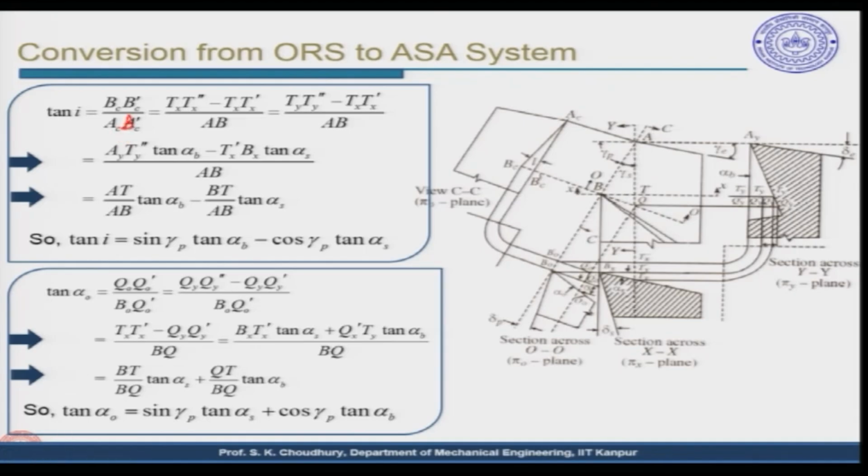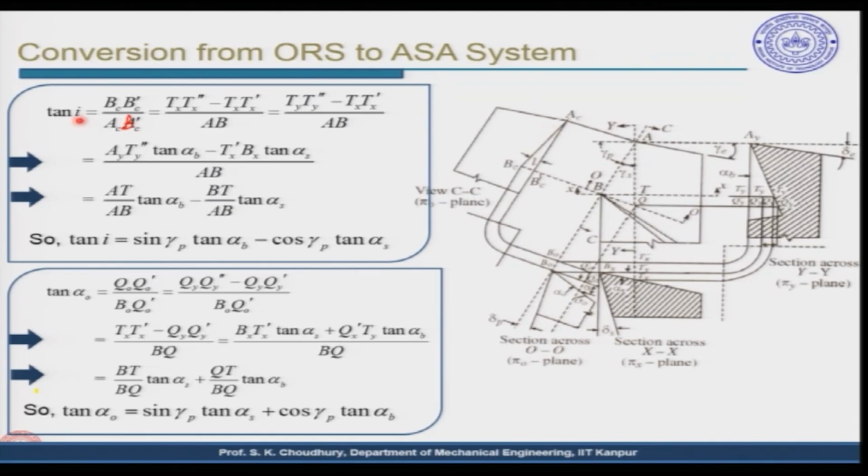So, AC and the BC prime, this is actually equivalent to A and the B. I will not go into all the details. What I would like to show you is how this conversion can be made in one example, then all other examples will be similar. So, this is simply a geometric conversion.